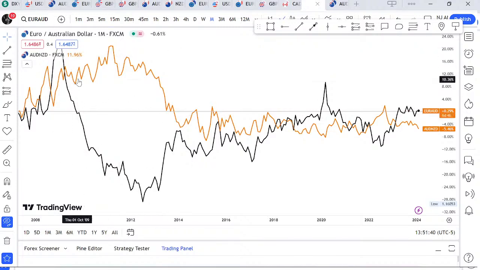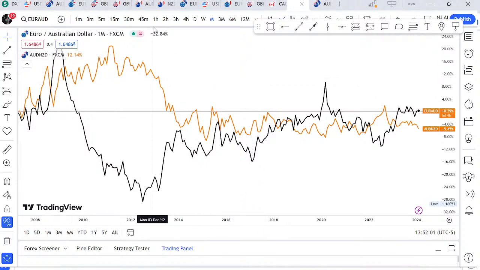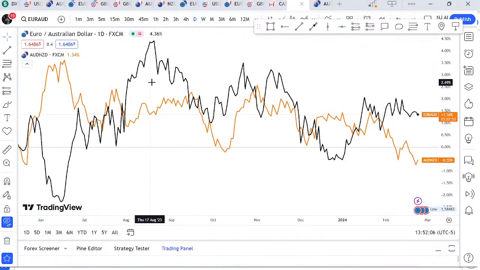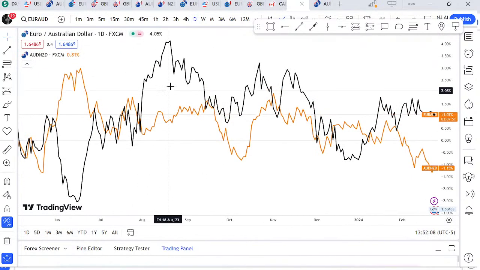Look at when AUD NZD was going up, at the same time Euro AUD was coming down, up and down. So this is a perfect example of negative correlation. Now let's look at the daily time frame.